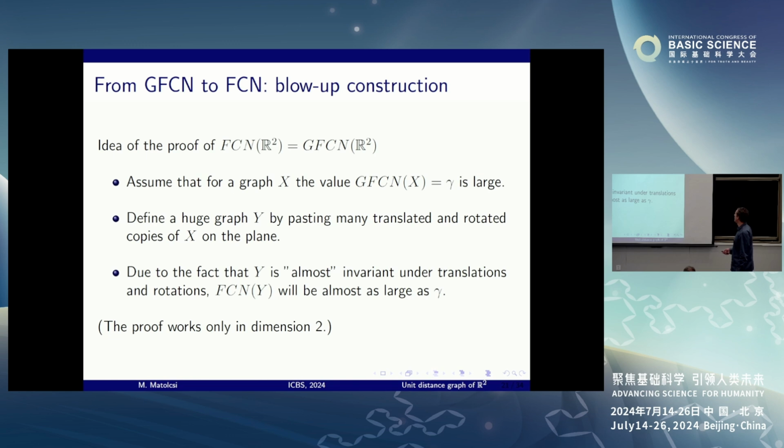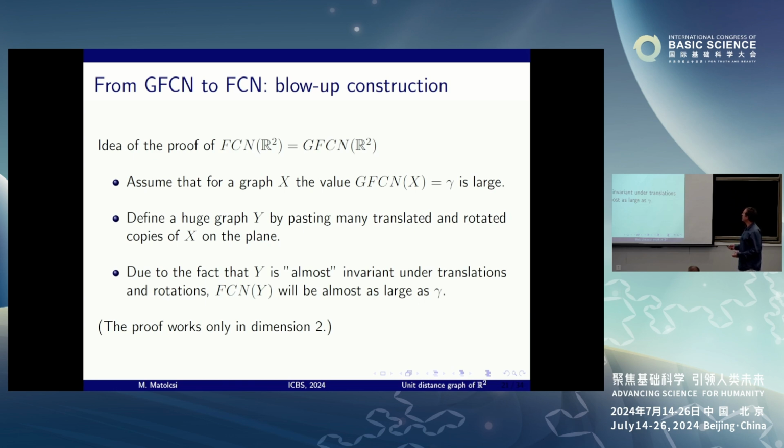And maybe I can tell you what the idea of this proof is, because it's pretty nice and it has a curiosity. So I would like to prove that in the limit, the fractional chromatic number is equal to the geometric fractional chromatic number of the plane.